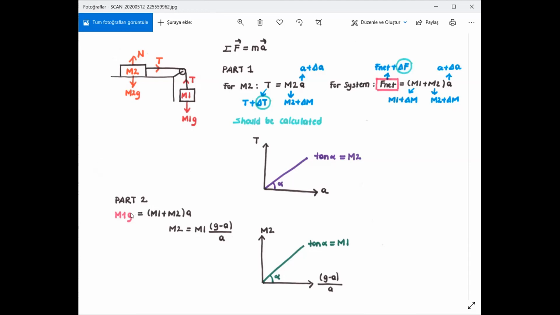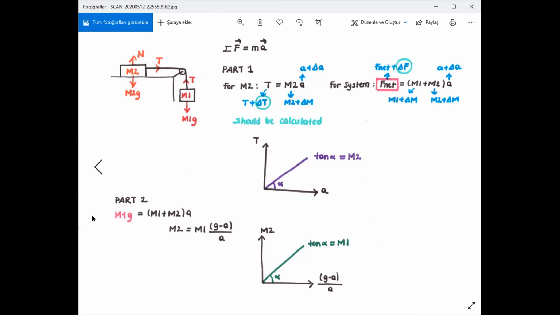In the second law equation we've written for the system, if we write M1 times g instead of the net force, we can obtain this equation.